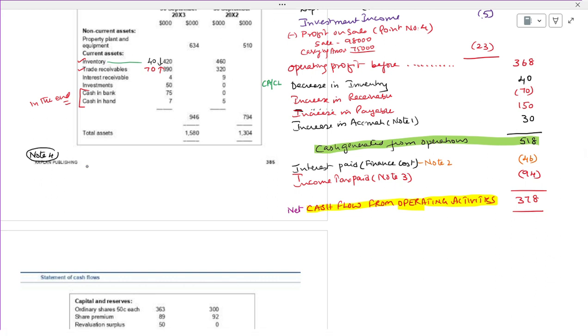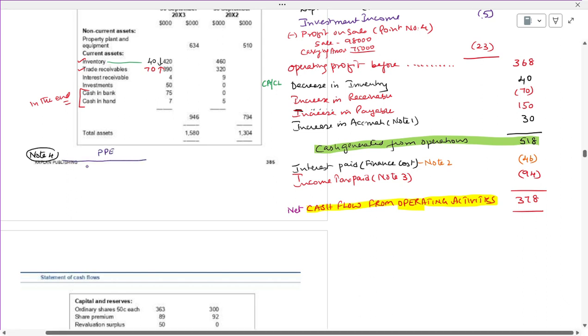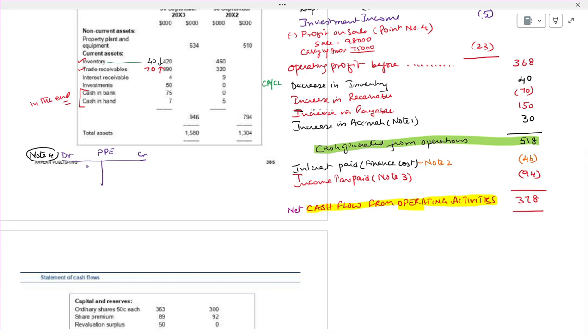Fine. Now, property, plant and equipment. Make the same rule, debit and credit. Opening balance of an asset, debit or credit? Debit. Always debit. Asset opening balance is always debit.